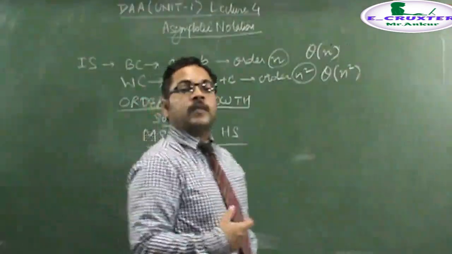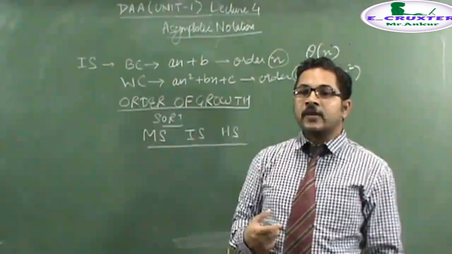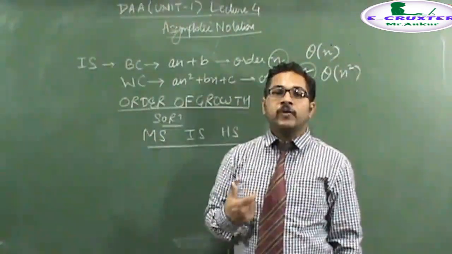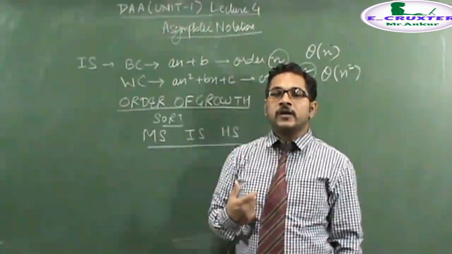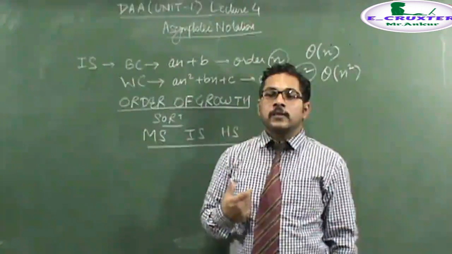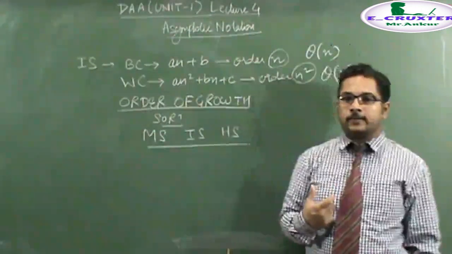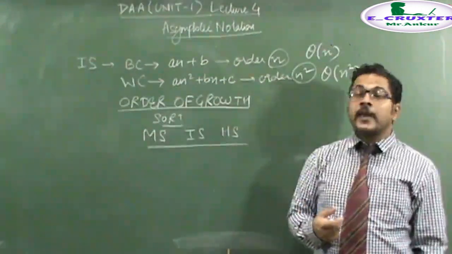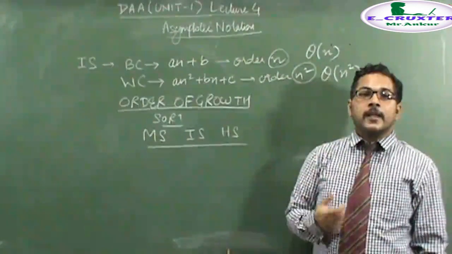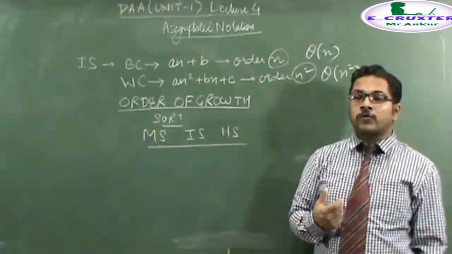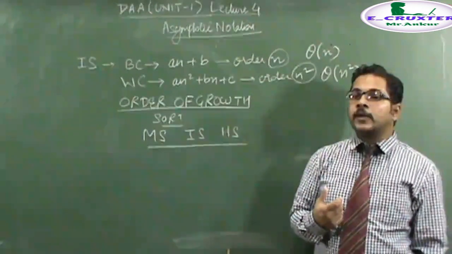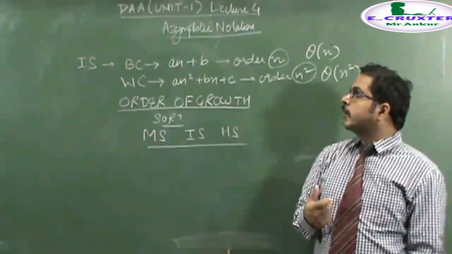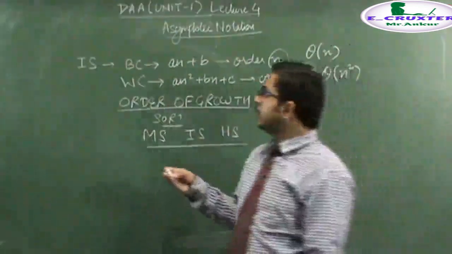Although we sometimes determine the exact running time of an algorithm, as we did for insertion sort, the extra precision is not usually worth the effort of computing it. For large enough inputs, the multiplicative constants and lower order terms of an exact running time are dominated by the effects of the input size itself.